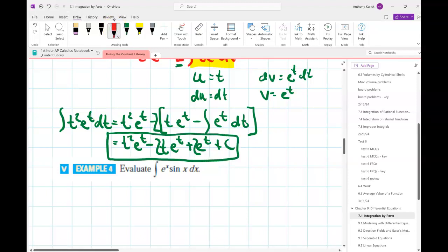All right, hold on to your shorts on this one. What should I pick as u? E to the x or sine x? Do either of them get simpler when we take the derivative? No, not really, right?